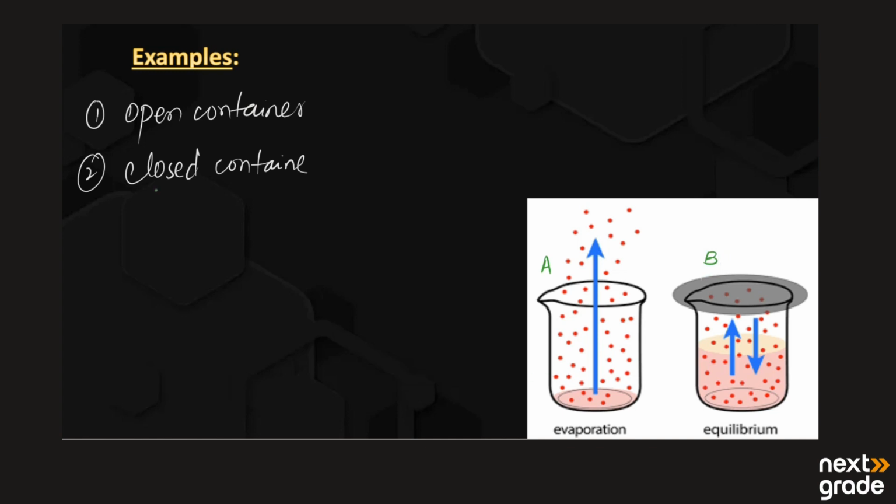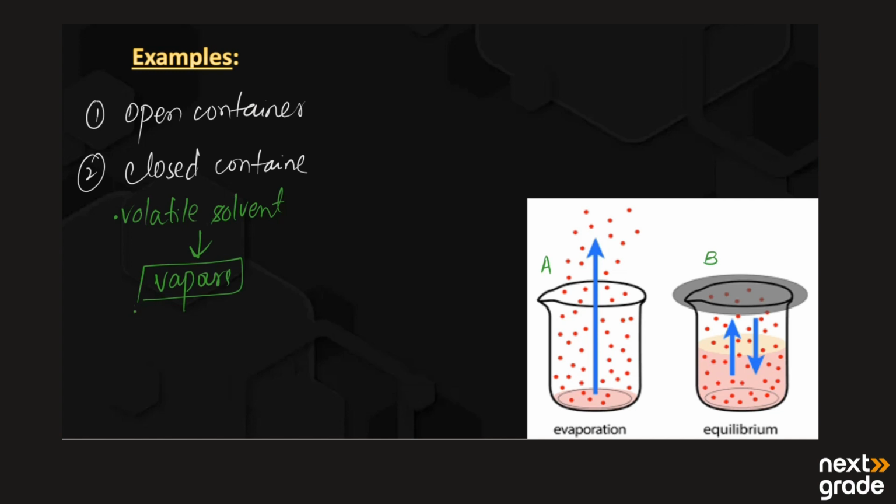A is the open container and B is the closed container, which has a volatile solvent. Volatile means substances that change into vapors easily. These substances are known as volatile substances.